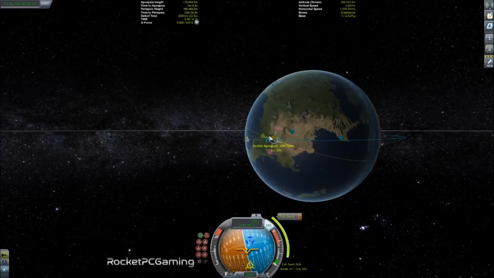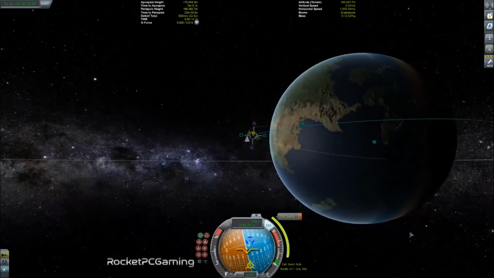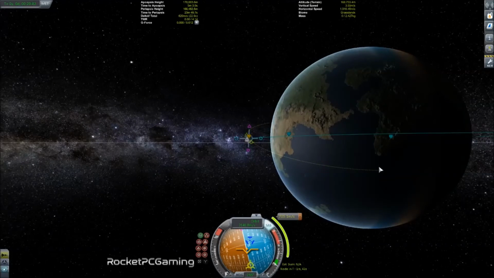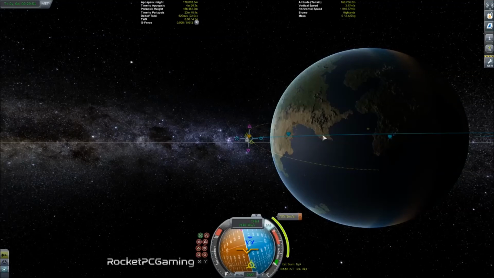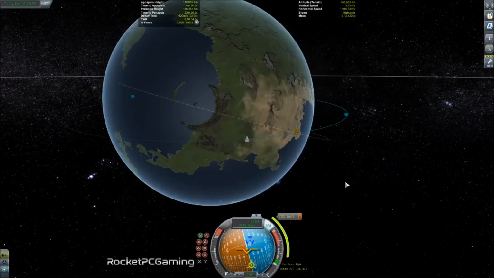If we were to actually execute this burn from the maneuver I just put in here, we would actually be burning way south and landing somewhere. We're actually probably going to be over here with the atmosphere. But anyway, landing south of Kerbal, Africa, right? So that is the navball in a nutshell.